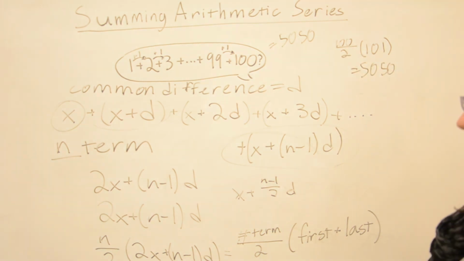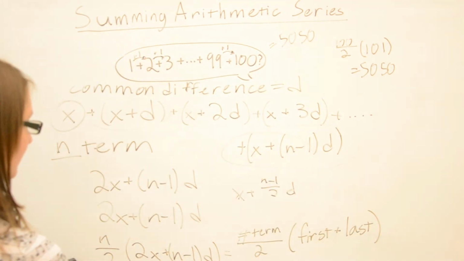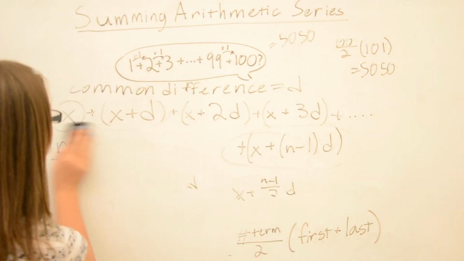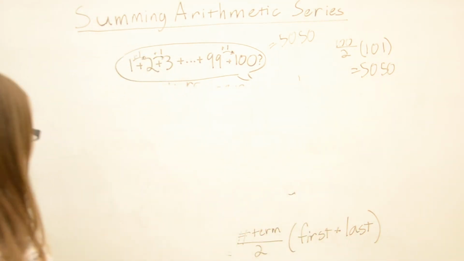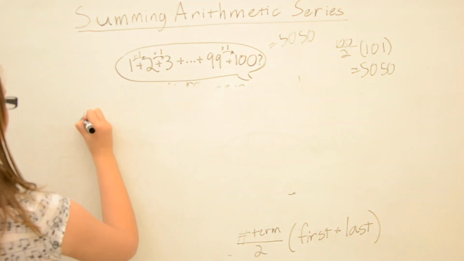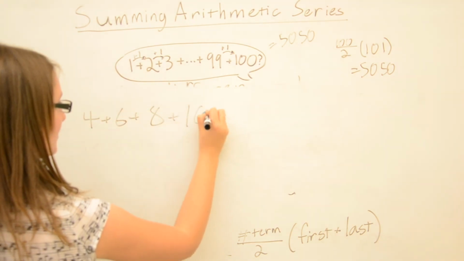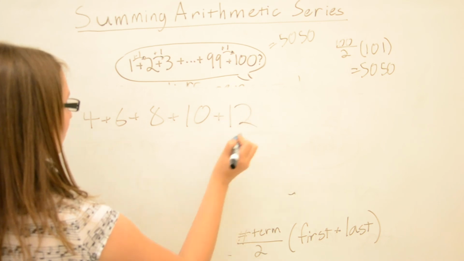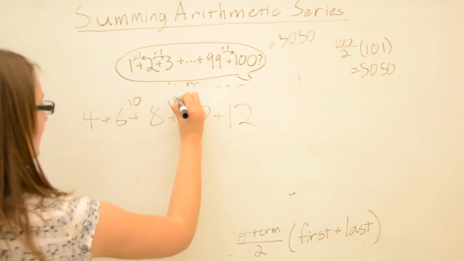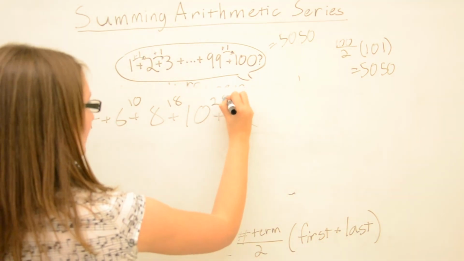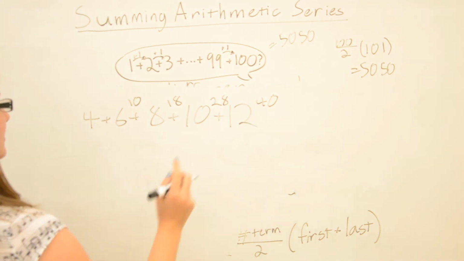And let's just try a simpler example that we can also just check. So let's erase this so you have room. Let's just try 4 plus 6 plus 8 plus 10 plus 12. We can quickly just add this up. 4 plus 6 is 10, then 18, then 28, then 40. So the formula should give us 40.